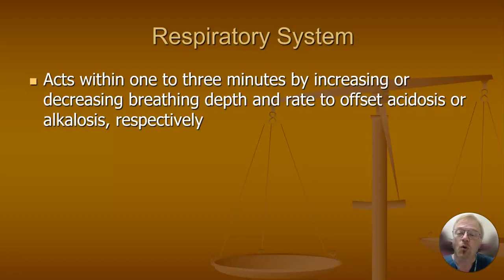Basically, we're controlling the carbon dioxide. So we're either retaining more carbon dioxide, which creates carbonic acid, which will then lower the pH, or we breathe faster to get rid of more carbon dioxide, less carbonic acid, to raise the pH.